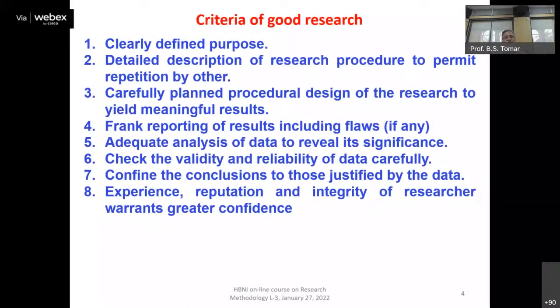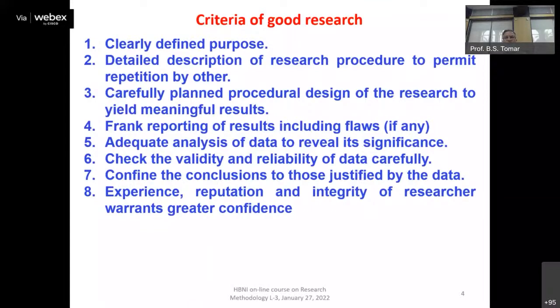Suppose you have two peaks nearby, the resolution is broad, and they are merging together. You feel there is only one peak. That kind of thing can lead to a lot of erroneous results and conclusions. So you have to plan the experiment very carefully so that you get meaningful results. So the results, whatever are obtained, have to be reported very frankly.